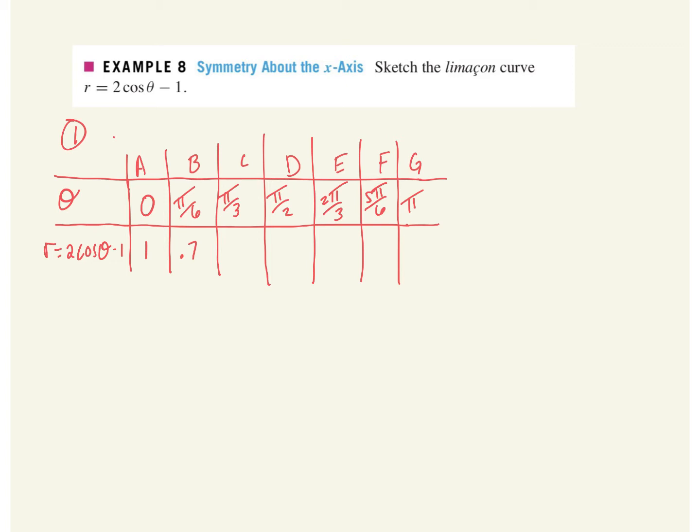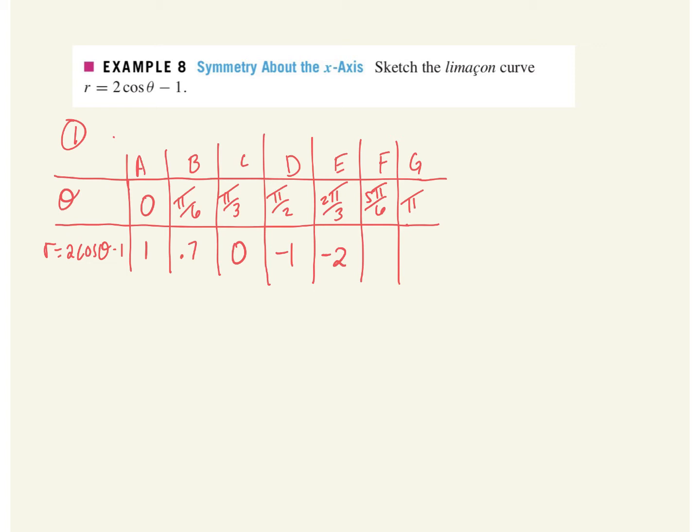Pi over 3 is a half times 2 minus the 1, you get a 0 there. Pi over 2 is 0, so minus 1, we get a minus 1 there. 2 pi over 3, we're going to have negative 1/2, which gives us a negative 1, so we get a minus 2.